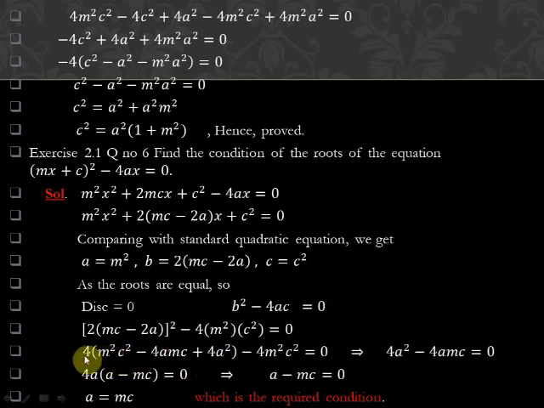Clearly, on simplification, we will get 4a² − 4amc = 0.